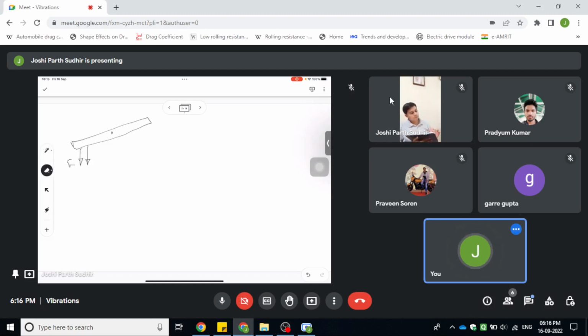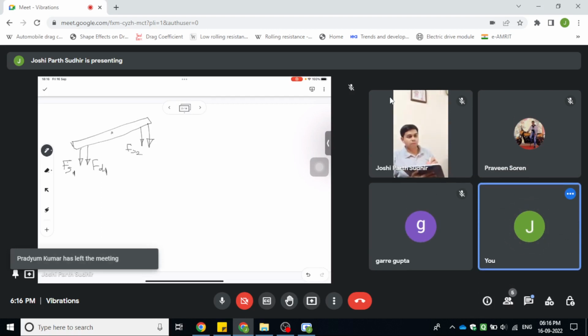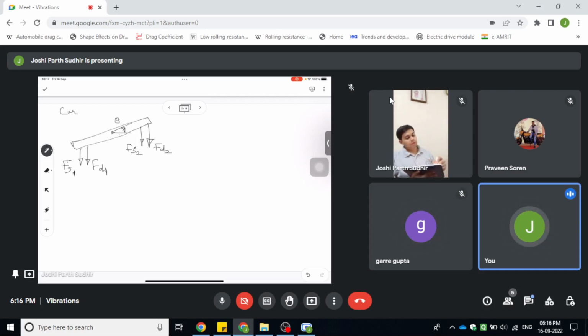So we said that this force is, let us say, Fs1, and this is Fb1, and this is Fs2, and this is Fb2, and we are assuming that this has rotated by some angle theta. So this is the free body diagram of the car body.